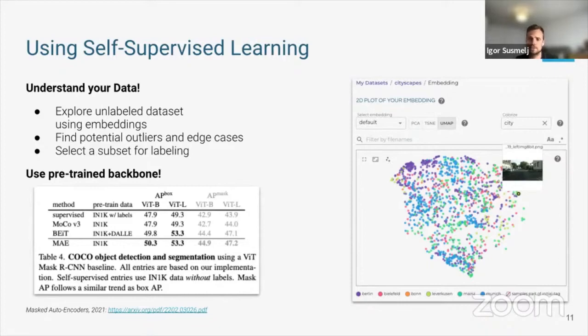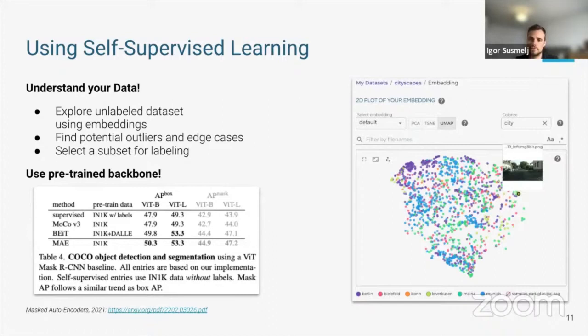So we pre-train on ImageNet on the 1 million images as an image classification task, and then we fine-tune the model for object detection or instance segmentation. Now, in the same table, you see the very bottom example, which is the MAE model, the masked autoencoder. And this has also been pre-trained on ImageNet, but this time not with labels, but with self-supervised learning.